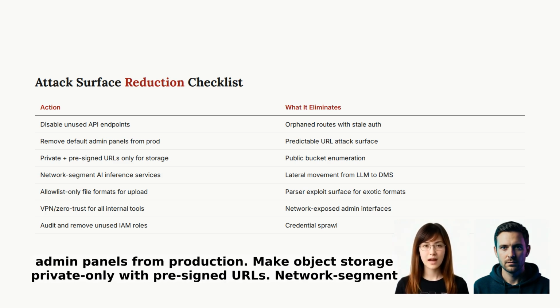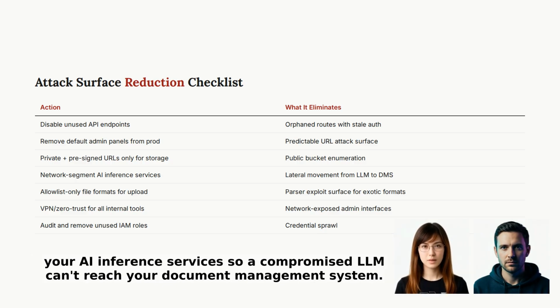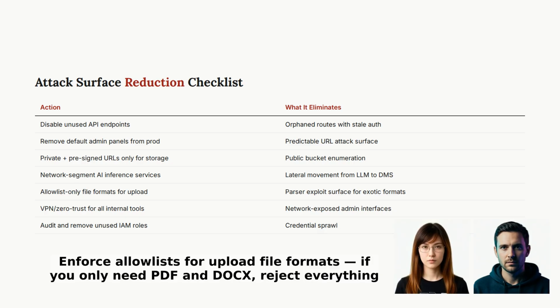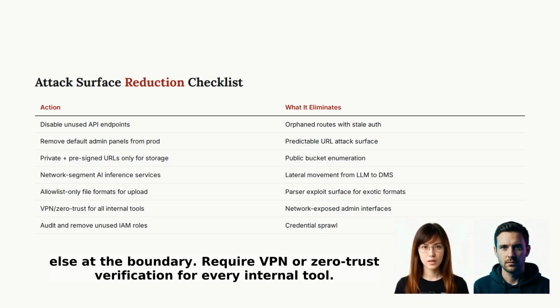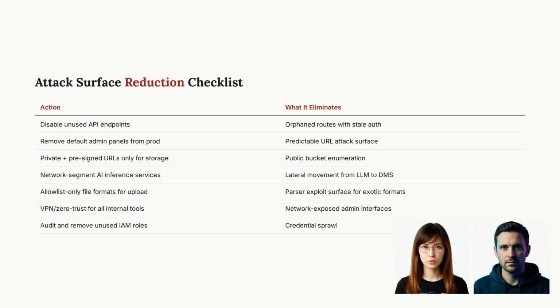Remove default admin panels from production. Make object storage private only with pre-signed URLs. Network segment your AI inference services so a compromised LLM can't reach your document management system. Enforce allow lists for upload file formats. If you only need PDF and DOCX, reject everything else at the boundary. Require VPN or zero trust verification for every internal tool.